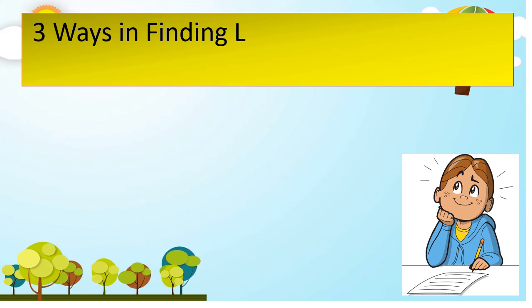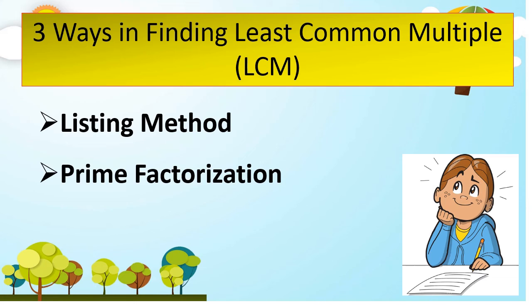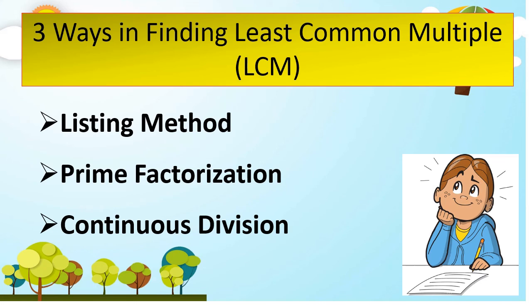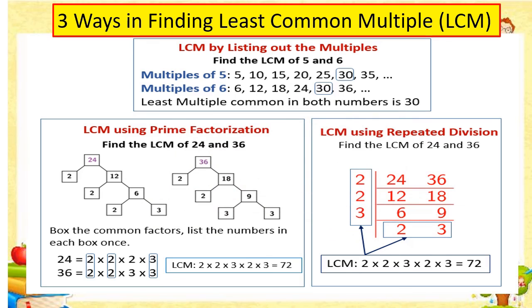We have the 3 ways in finding the LCM: listing method, prime factorization, and continuous division. So, was it easy for you, kids? Did you not have a hard time? Hopefully this video helped you in learning how to get the LCM. If you did not understand much, you can go back to our video and watch it again. You need to know how to get the LCM, because when we get to fractions, in adding and subtracting fractions, you need to know the LCM of each number so that you won't have a hard time.